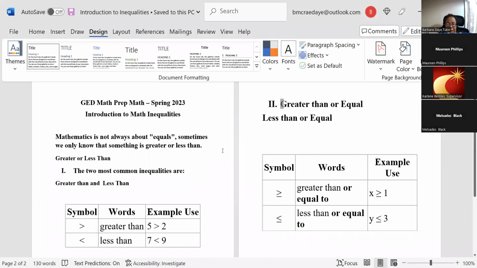Now, anyone want to tell me what we mean when we say inequalities? Just in your own words, what are we talking about?